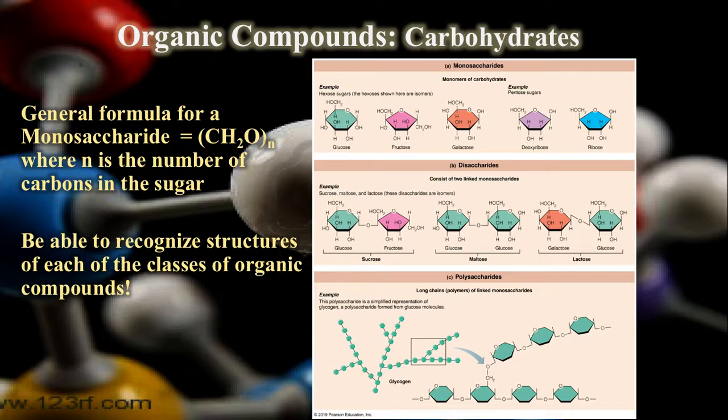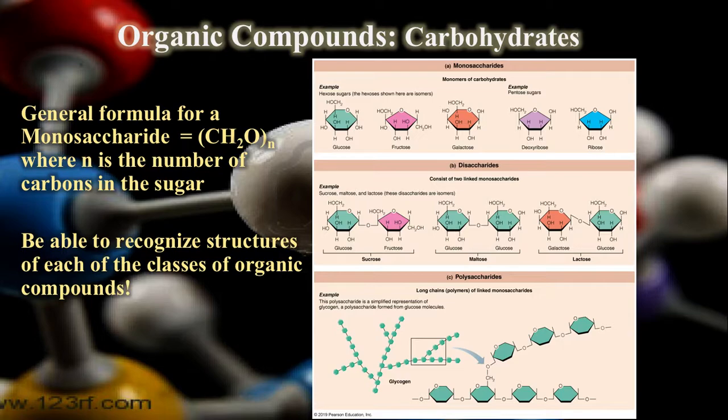Okay? Then, polysaccharides, we're just talking about big long chains. Okay? So our example here is glycogen, which is found in you. You have stores of glycogen in your cells. And glycogen is made by a whole lot of glucoses stuck together. It's just a long chain of glucose, glucose, glucose, glucose, glucose.